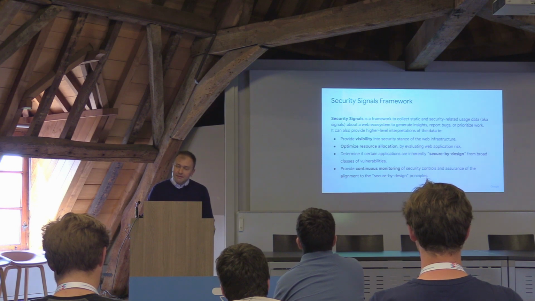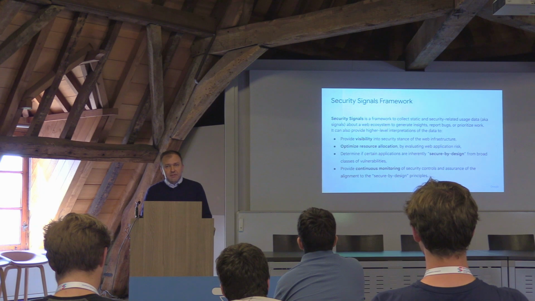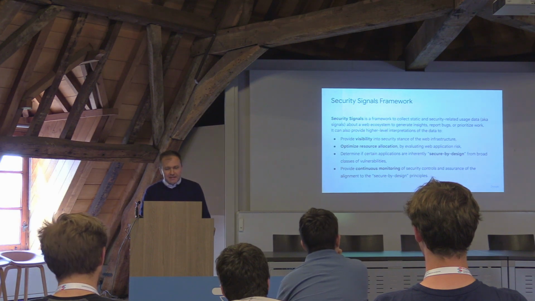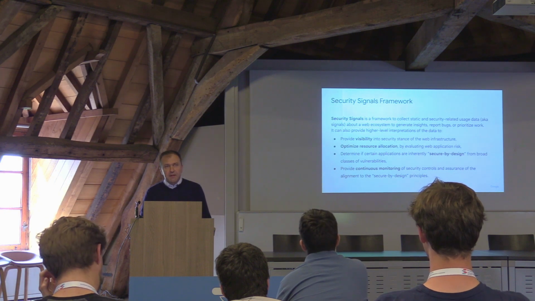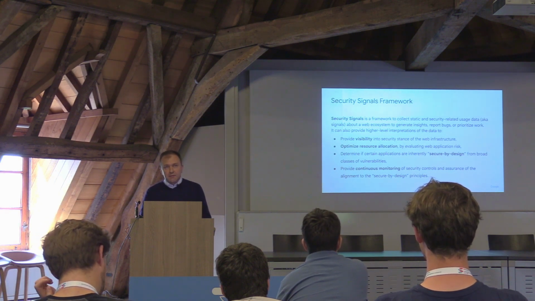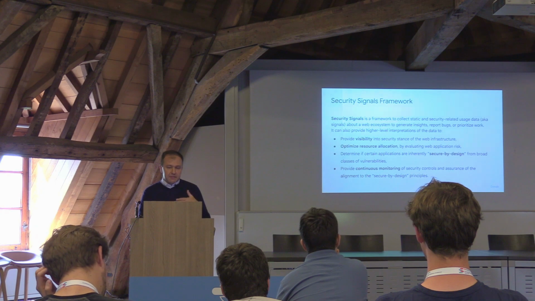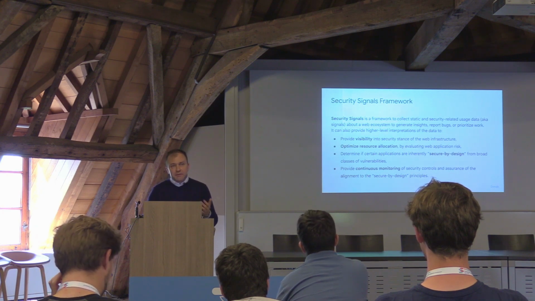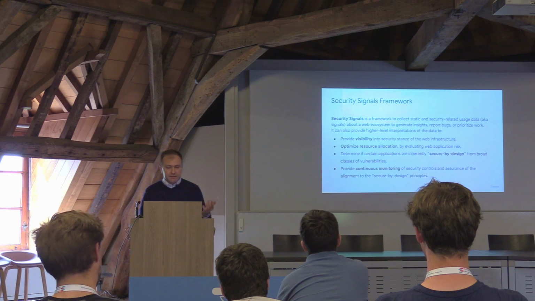So we don't have that many security engineers, and also we don't have that many machines and CPU cycles and other mechanical resources, let's call them that way. So we need to optimize resource allocations. We need to determine if certain applications are secure by design or they've just lost this status because, for example, there is a new attack, new vulnerability discovered today, yesterday, or last week.